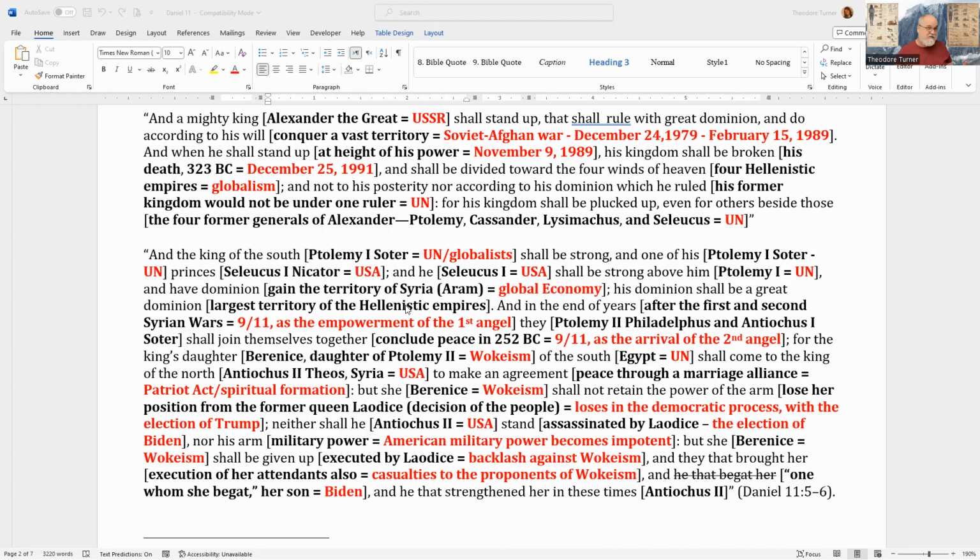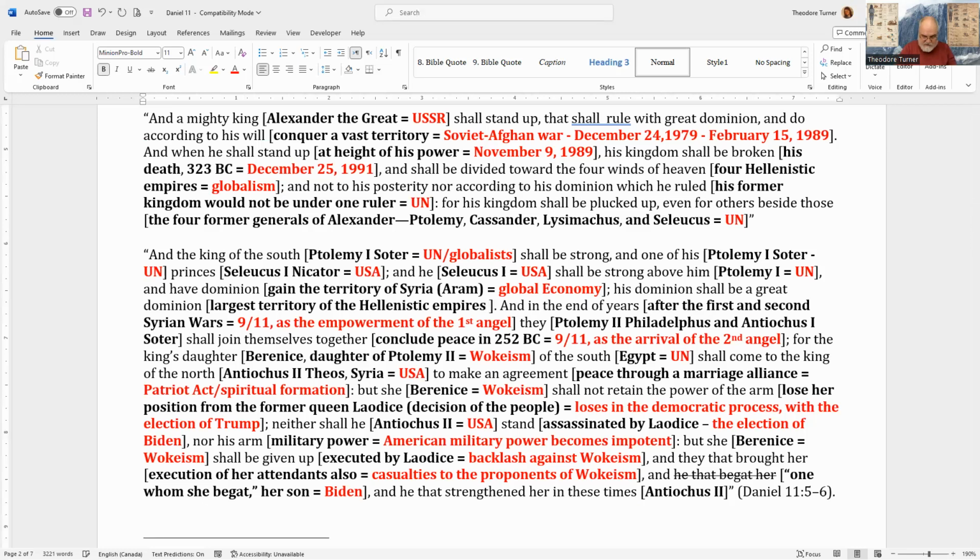So when you say his dominion shall be a great dominion, what we can say is the United States. So we can put an equal in here because we didn't put this before. It's the, I don't know what the best word is.